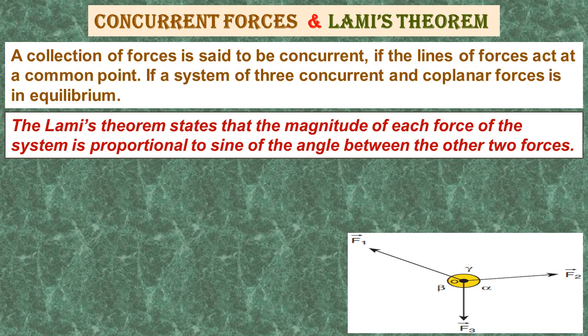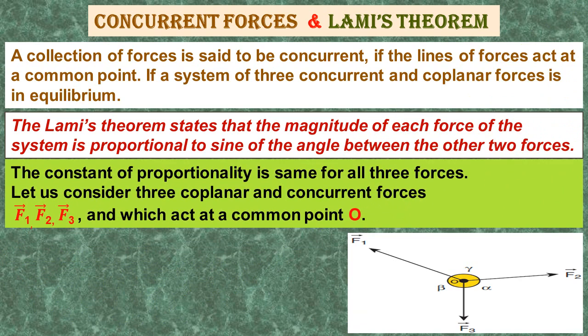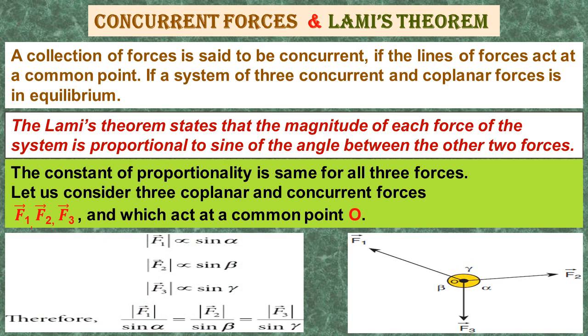Likewise, F1, F2 and F3 have their own angle values like alpha, beta and gamma. So the constant of proportionality is the same for all the three forces. Now let's consider the three coplanar and concurrent forces F1, F2 and F3, which act at a common point, which is O here.